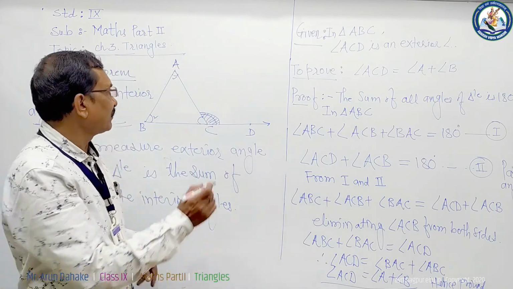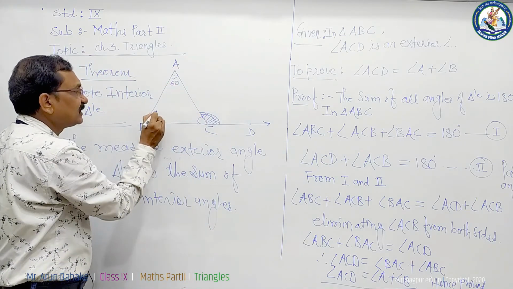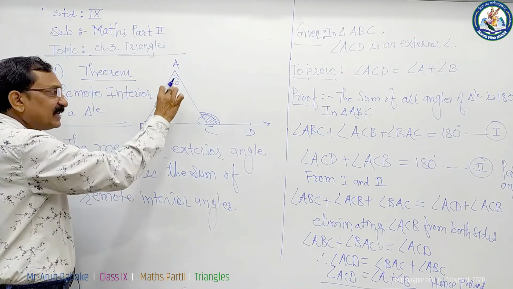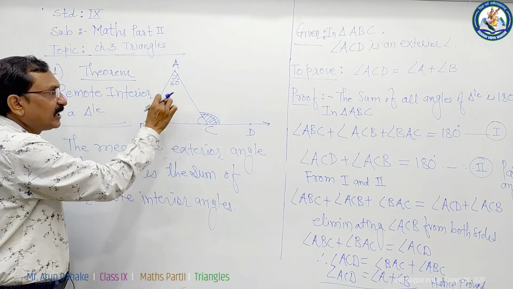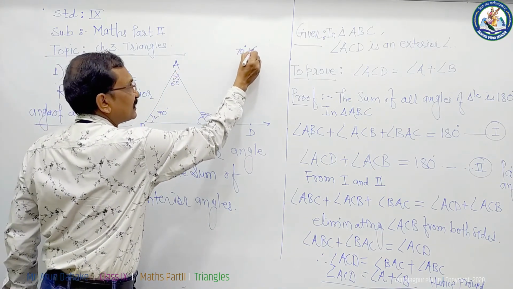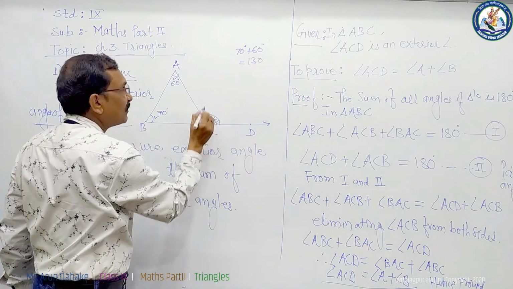Now with an example, suppose this angle is 60 degrees and this one is 70 degrees. That means the sum of these two is 70 degrees plus 60 degrees, which is equal to 130 degrees. So what will be this angle?